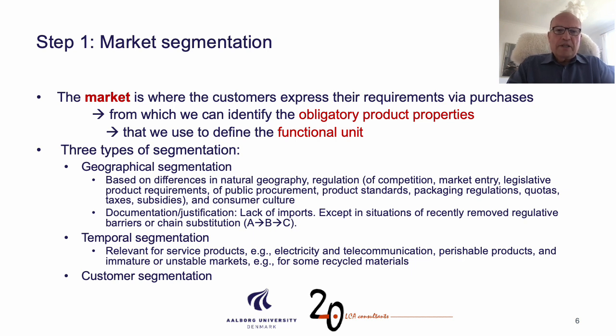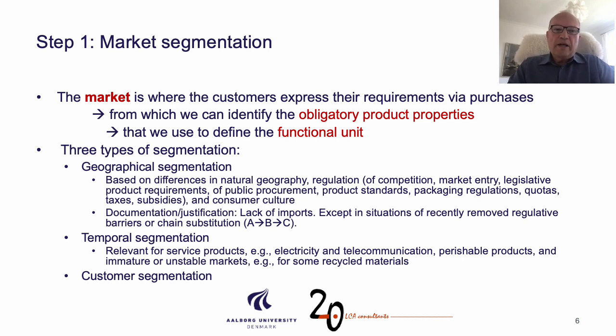Temporal market segmentation is mainly relevant for service products like electricity and telecommunication, where we have peak markets and baseload markets. Very separate situations. And also for perishable products, we might see seasonable differences like we see for vegetables and fruits. Another example of a temporal market would be the seasonal market of tourism.